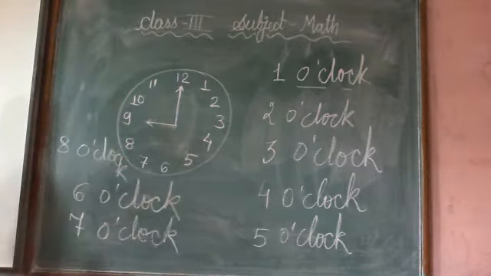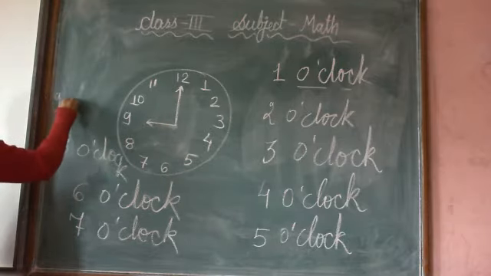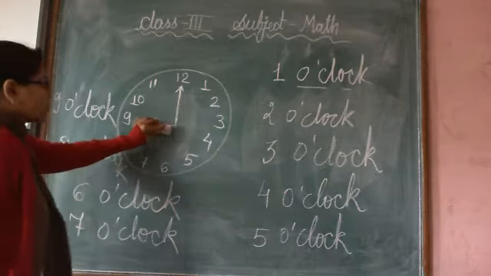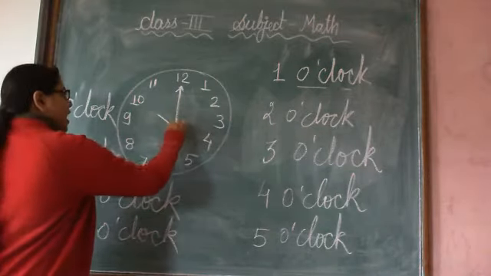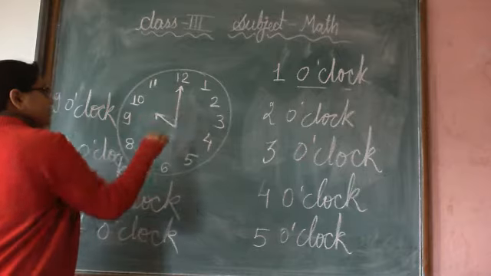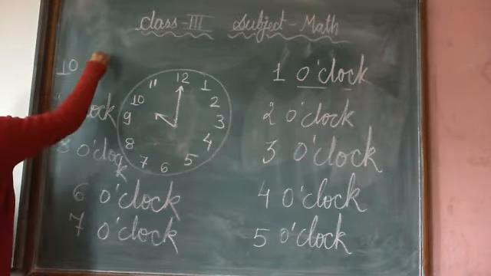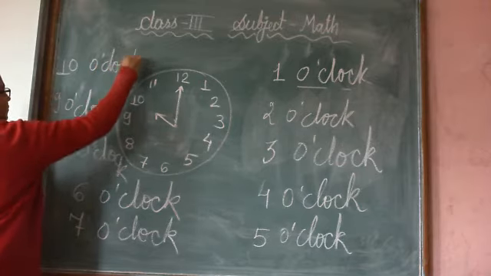Now the time will be 9 o'clock. Now if the hour hand is at 10, then what will the time be? The time will be 10 o'clock.